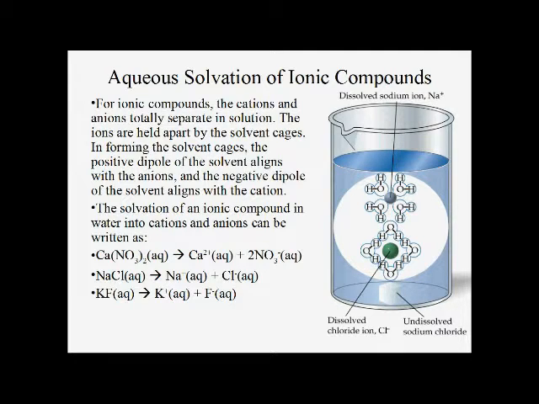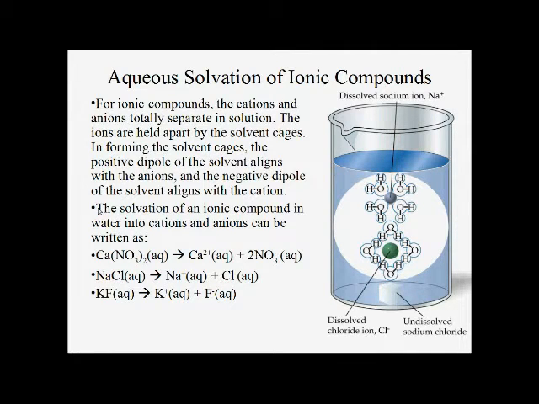When we dissolve our ionic compounds into a polar liquid, the ionic compound will dissociate, and we're going to generally assume complete dissociation of ionic compounds. We'll find out near the end of this chapter that's not always so, but that is our first assumption, that ionic compounds will completely dissociate.